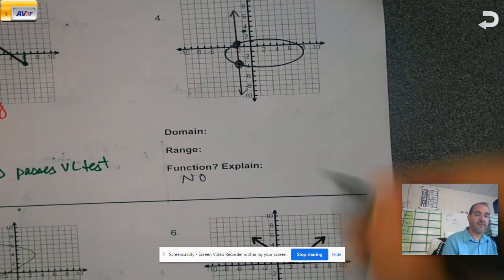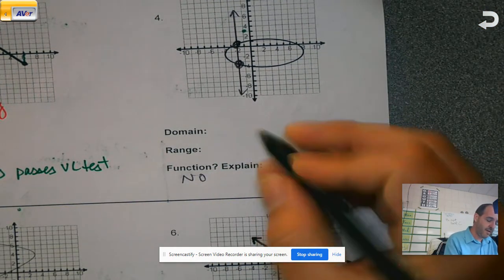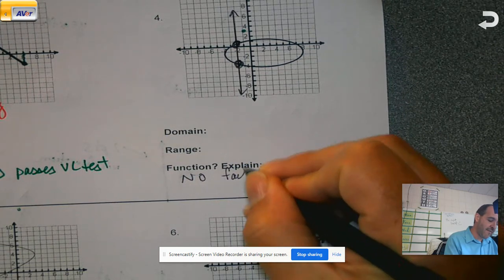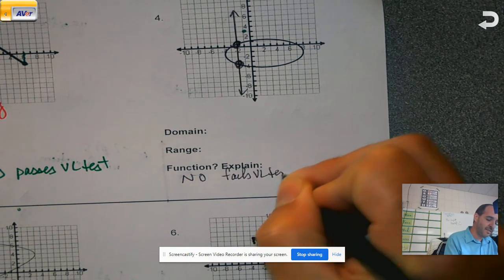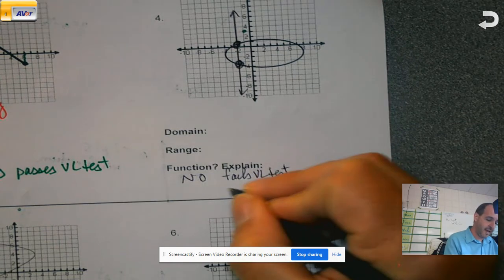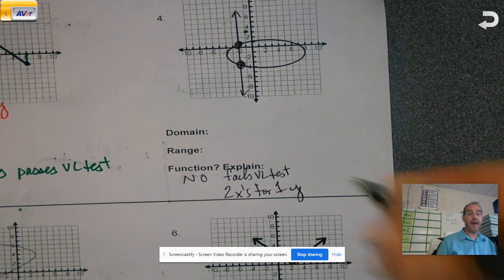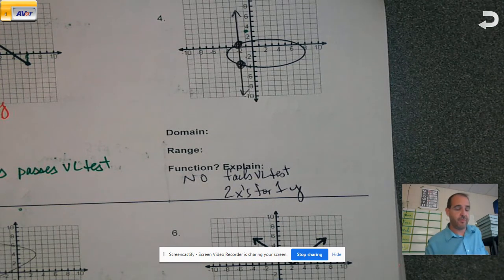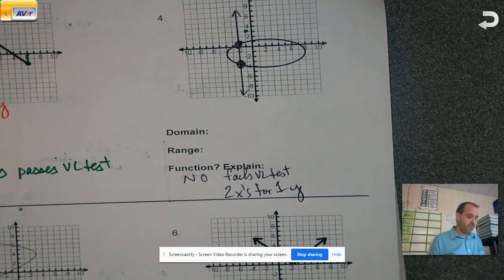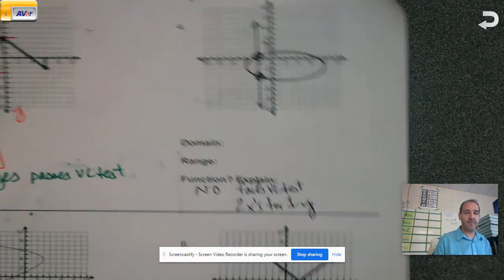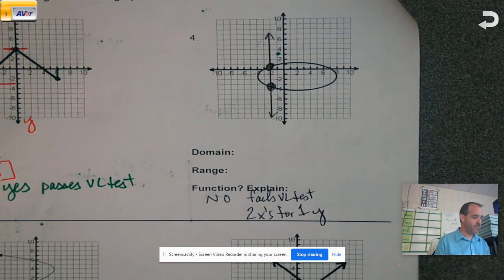This is not a function, okay? You can either say it fails the vertical line test. You could say 2 x's for 1 y. I'm perfectly fine with either of those. Just got to be able to have some sort of an explanation that mathematically would make sense.